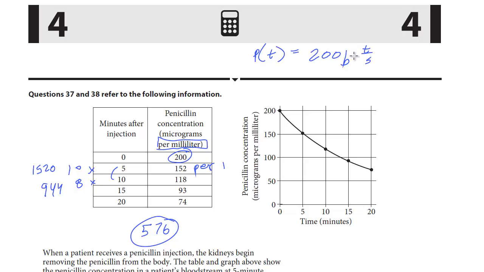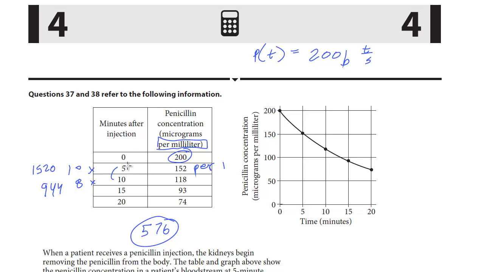And we want to solve for B, and it's modeled T minutes after. Remember, the 0 is the starting. That's not going to really help us because we want T minutes after, and also if you plug it in here, you'd get B to the 0, which is 1, and 200 equals 200. We need after the fact.